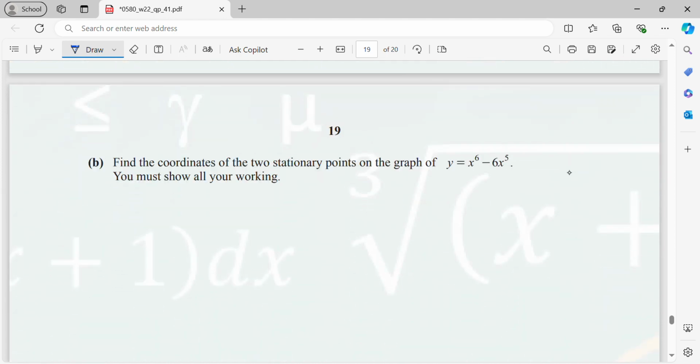Now B, find the coordinates of the two stationary points on the curve y equals x^6 minus 6x^5. You must show all your working. When you see stationary points, it means dy/dx equals 0. So now I need to differentiate.